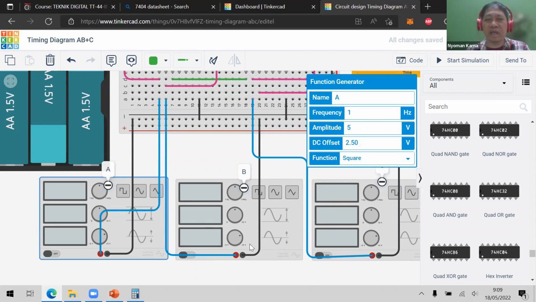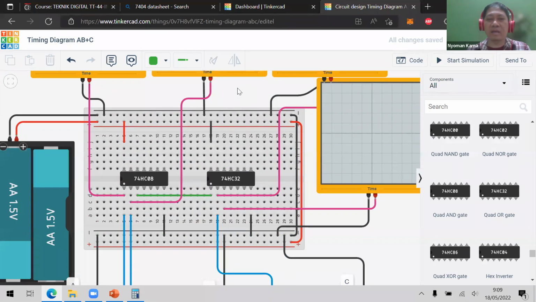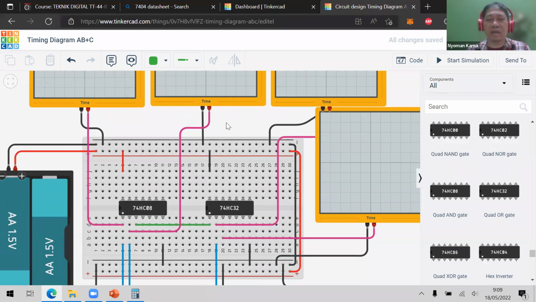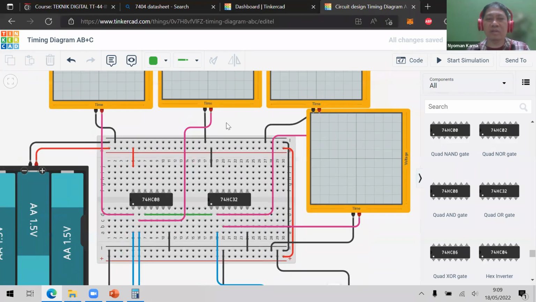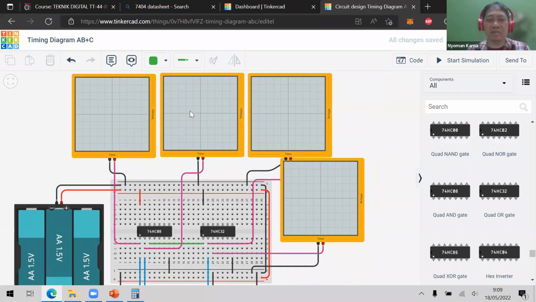This is for the A, this is for the B, this is for the C. And then we're going to analyze each of the timing diagrams using the oscilloscope. This is for the A, this is for B, this is for C, and this is the output D. Okay, let's try to start.